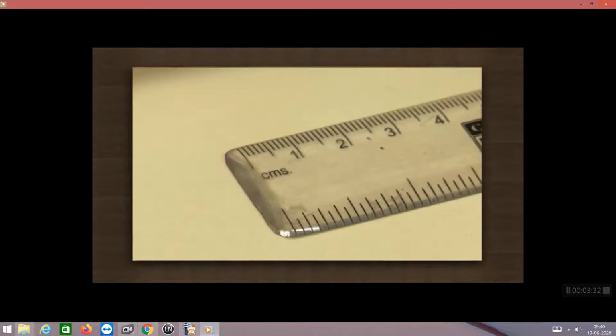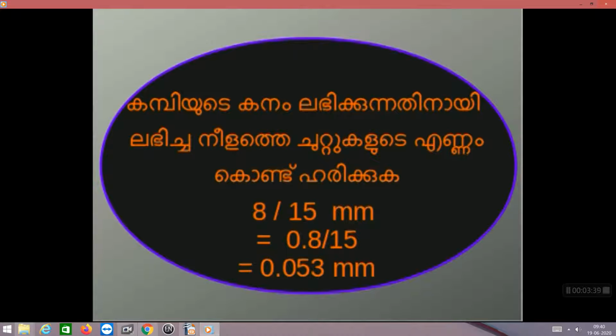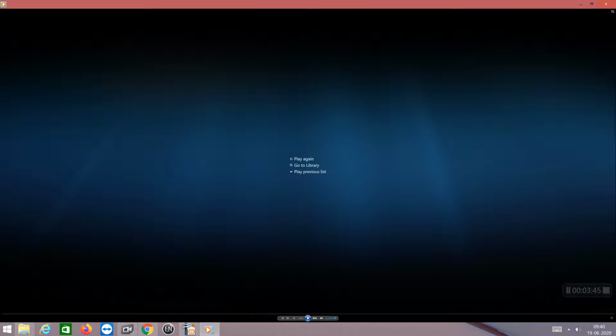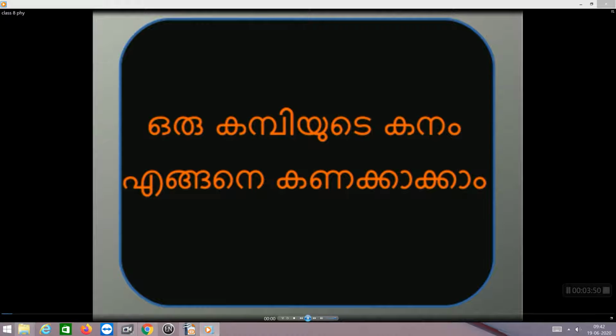And how the length can be measured. Watch the video again, how to find the thickness of a metallic wire.